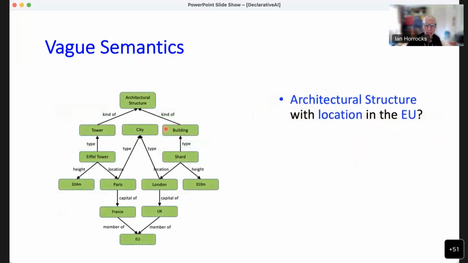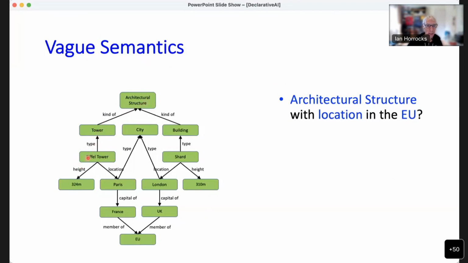And we can see how this comes back to bite us if we think about a query over our knowledge graph that is for, say, give me all the architectural structures that are located in the EU. So it seems sort of intuitively obvious that the Eiffel Tower should be in the answer to this query. We can see the Eiffel Tower as a type of tower, which is a kind of architectural structure.